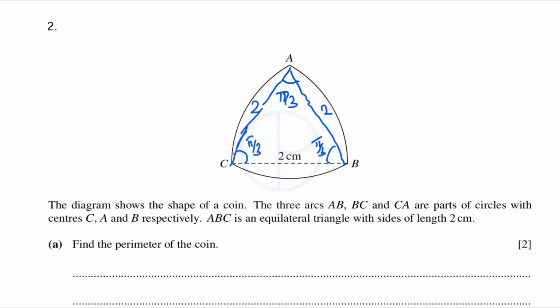So what is the perimeter of the coin? First we need to find the arc length AB, then arc length BC, and then arc length AC. Adding all these three arc values will give the perimeter of the coin.